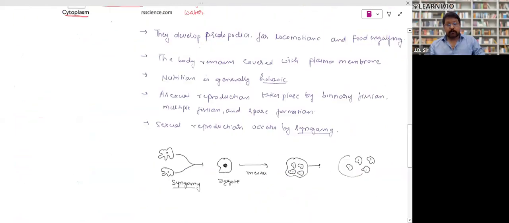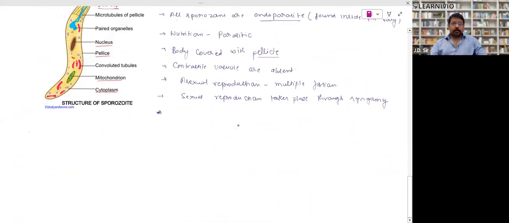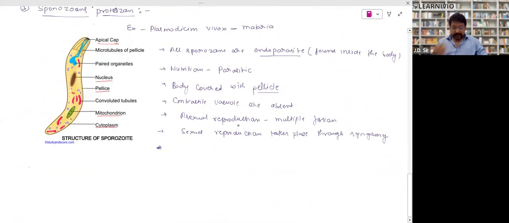One more point we need to add here, that locomotory organs like cilia and flagella are absent. Fine.